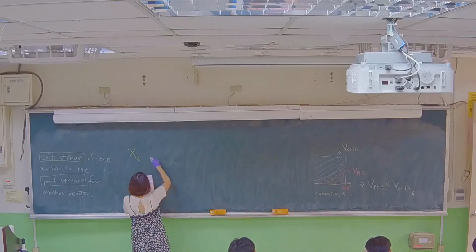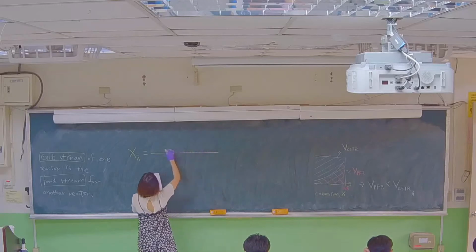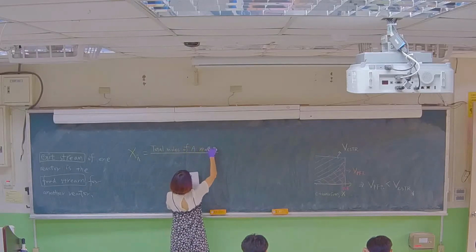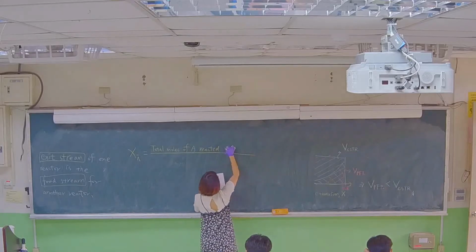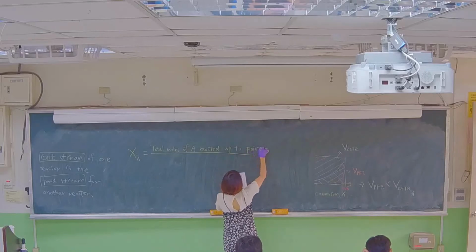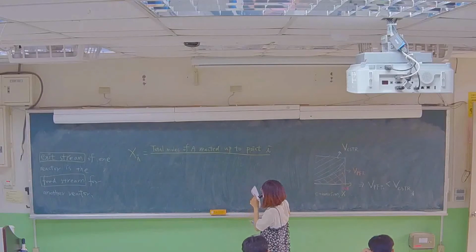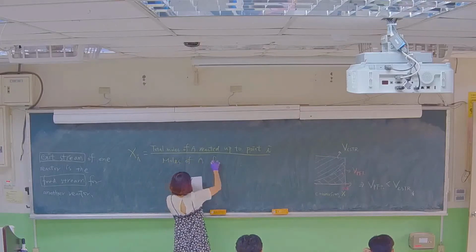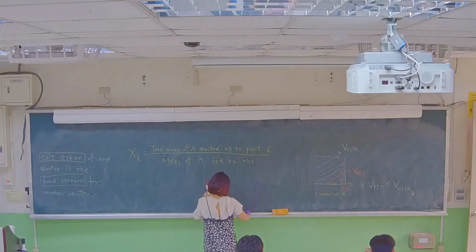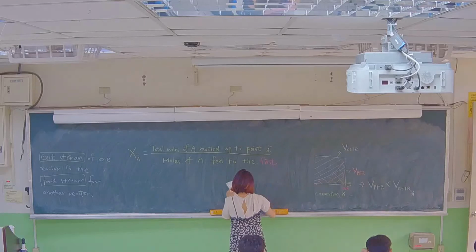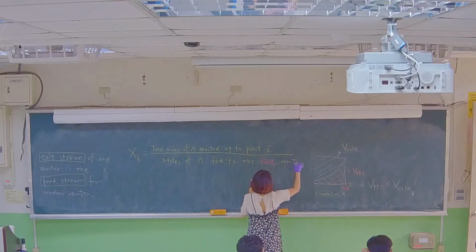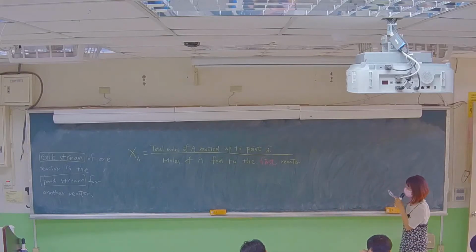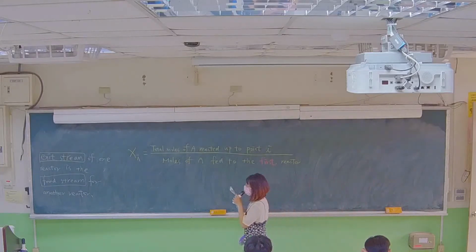So Xi is equal to total mass of A reacted up to point i.